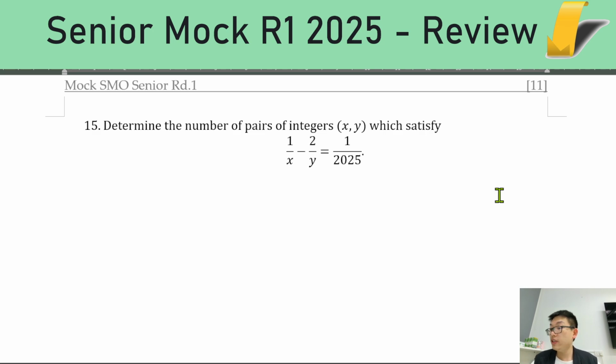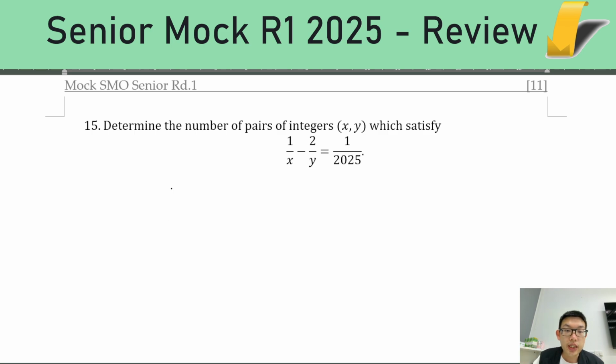Okay. So question 15. The number of pairs of integers (x, y) which satisfy this equation over here. The start of this is not too difficult.